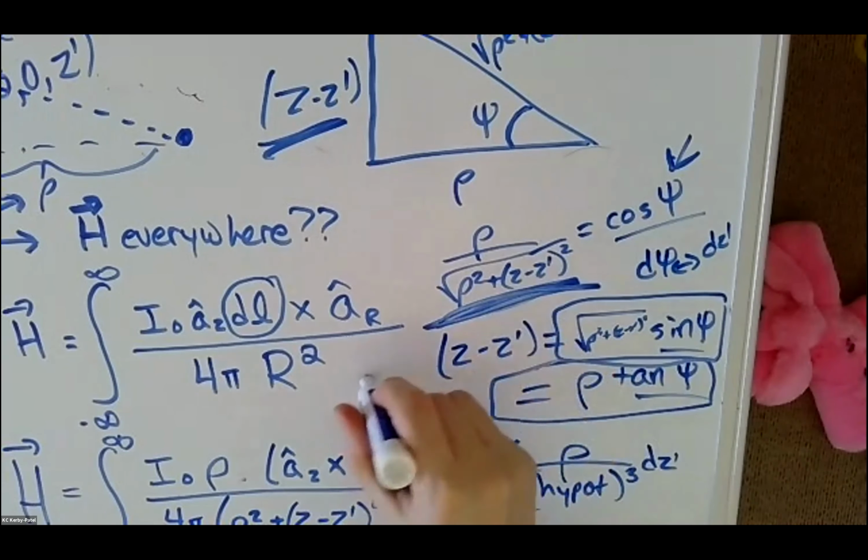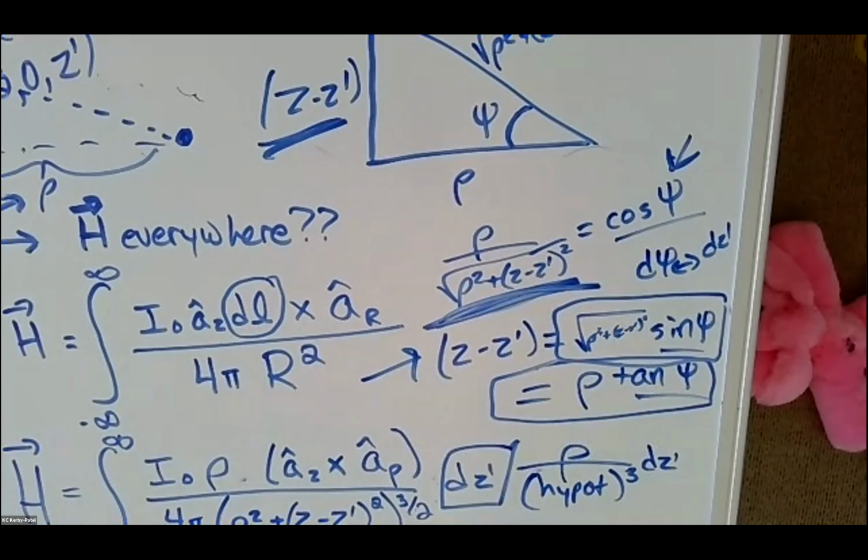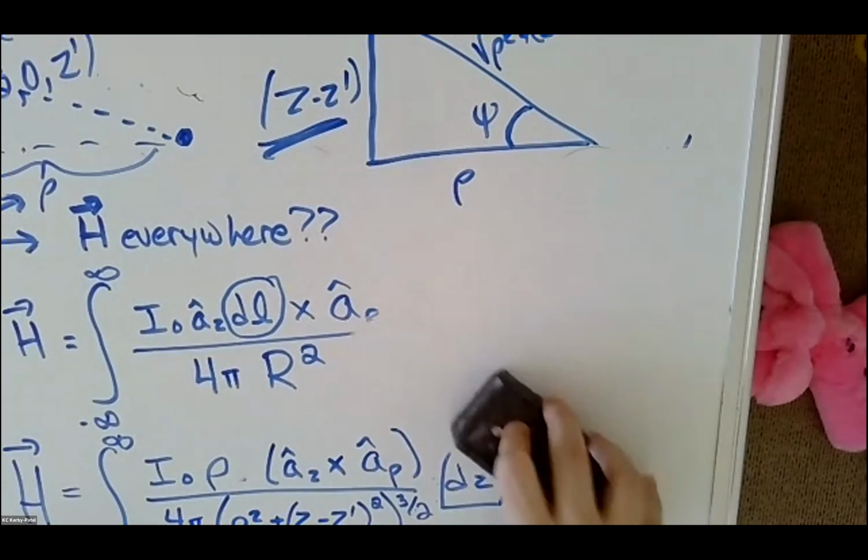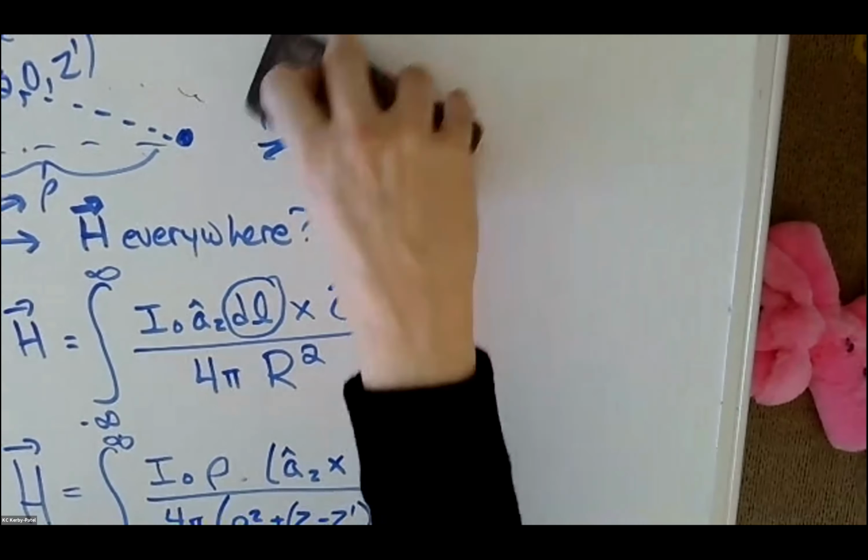You're going to end up with some more factors of this stuff, and they all work out in a nice way. So I'm going to skip to the end rather than actually working out the integral, to give you more time to do your example.